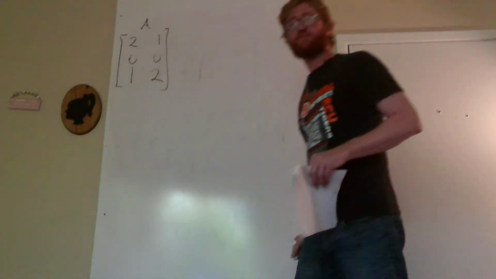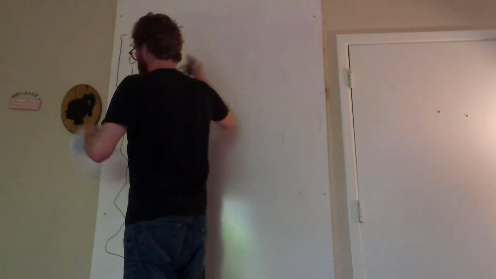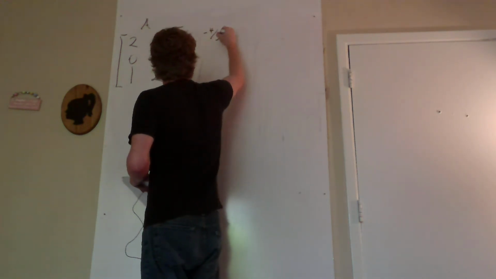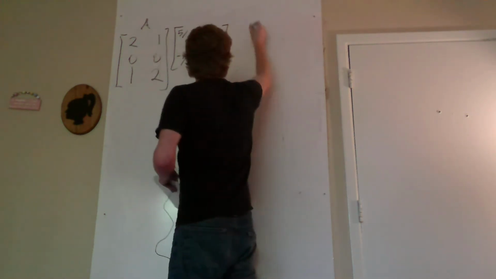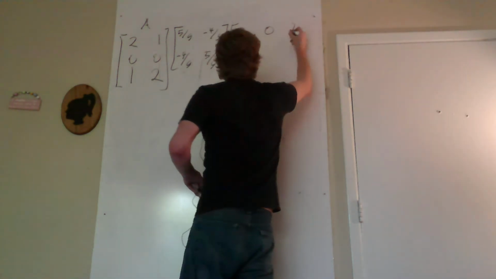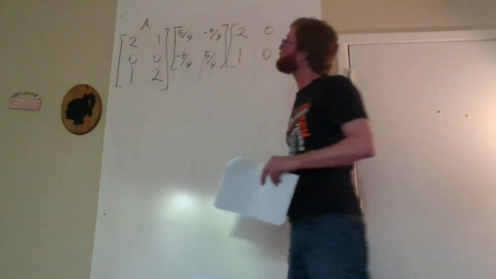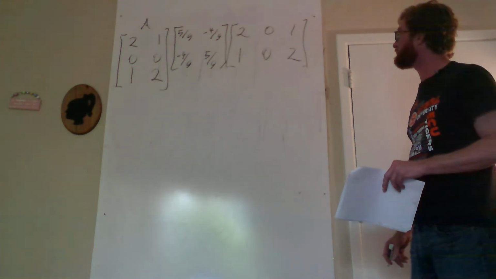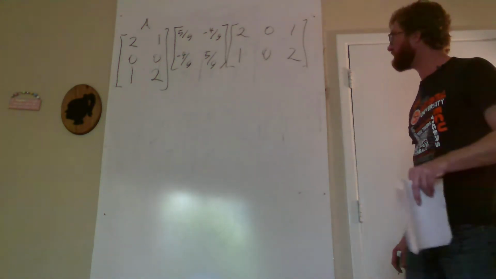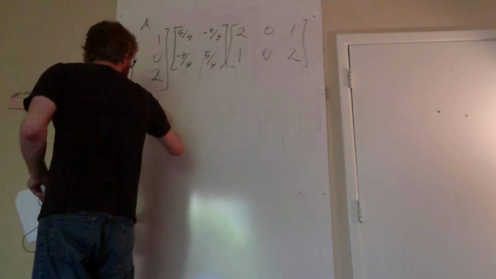That's our A. And then we have our A transpose A inverse, which was 5 over 9, negative 4 over 9, negative 4 over 9, and 5 over 9, acting upon 2, 0, 1, 1, 0, 2. Let's leave this one alone, 2, 0, 1, 1, 0, 2.